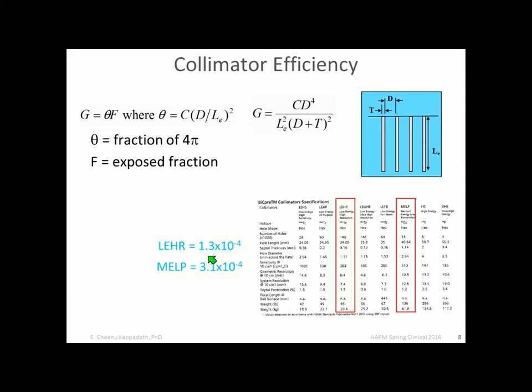Okay, so that's a good number to remember. That means for every 10,000 photons emitted by the patient in the direction of your collimator, one of them actually gets through. So although the collimator is very important for generating an image, it has very, very poor efficiency. This is what we call the quantum sink in the imaging chain.